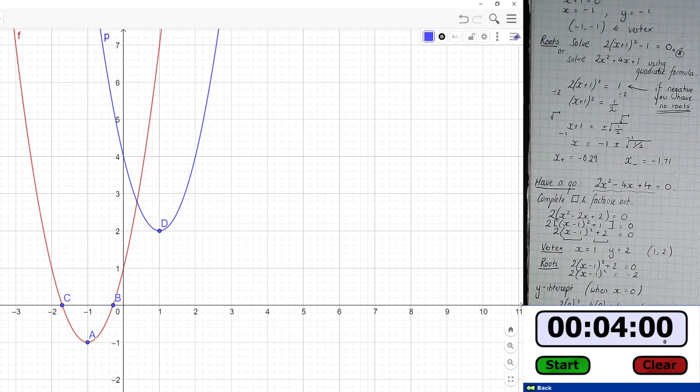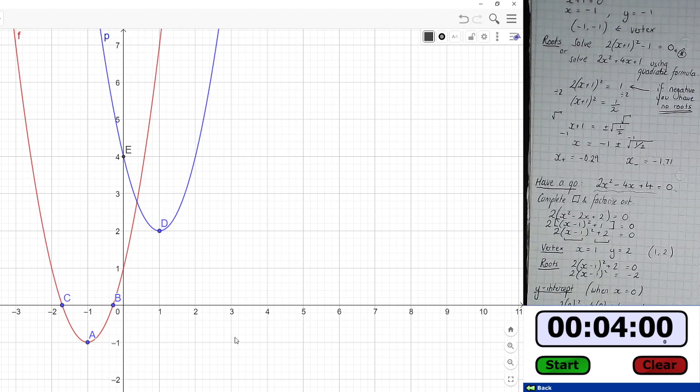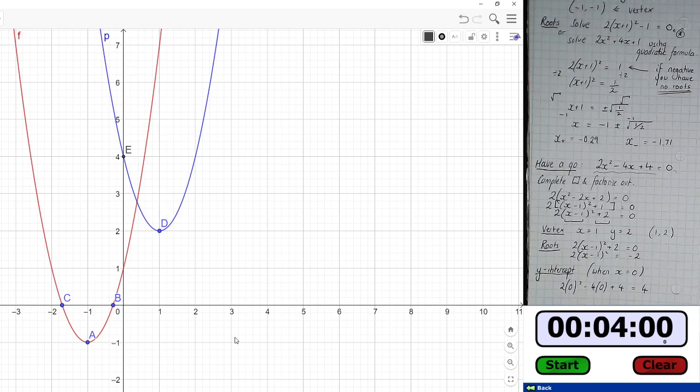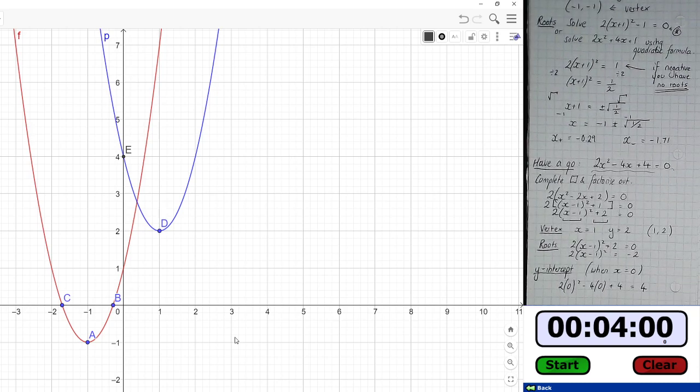So we have our y-intercept just there. I suppose we could be asked to find that, but normally we're concerned with roots, vertices, things like that.